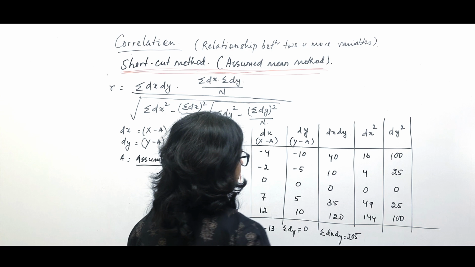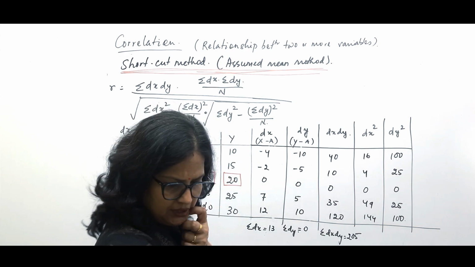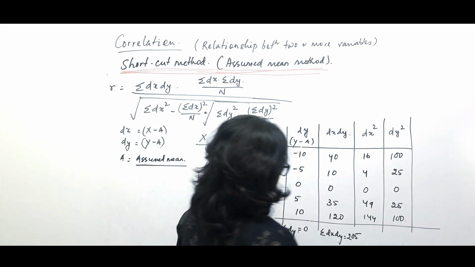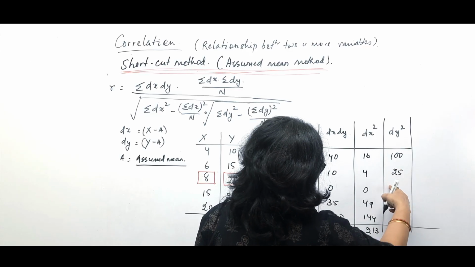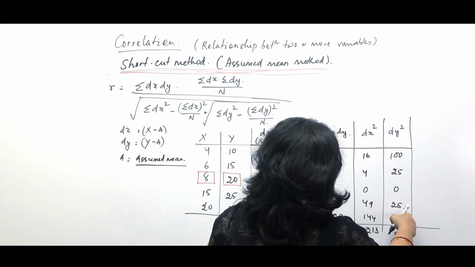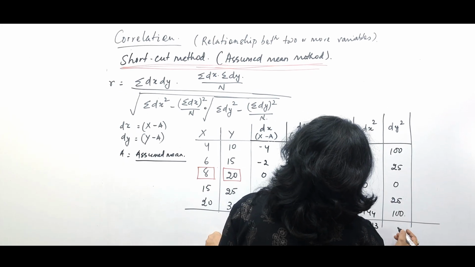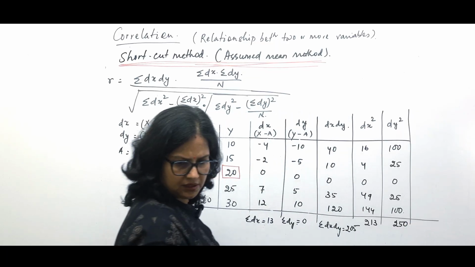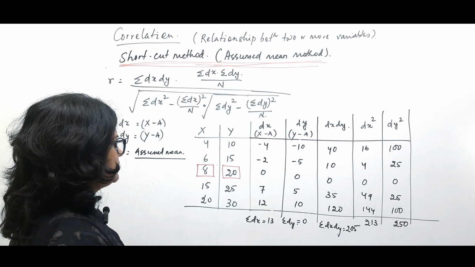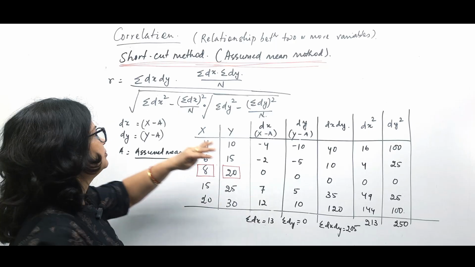Adding these, sigma dx square is 213 and sigma dy square is 250.